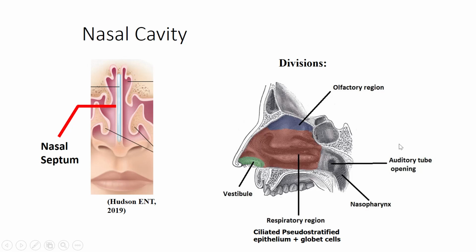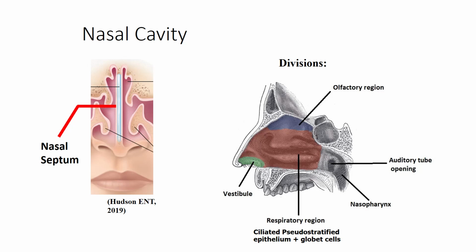Let's see the location of it: the front part of the cranial cavity, specifically the anterior cranial fossa, will lie above it. The hard palate is immediately inferior to the nasal cavity.